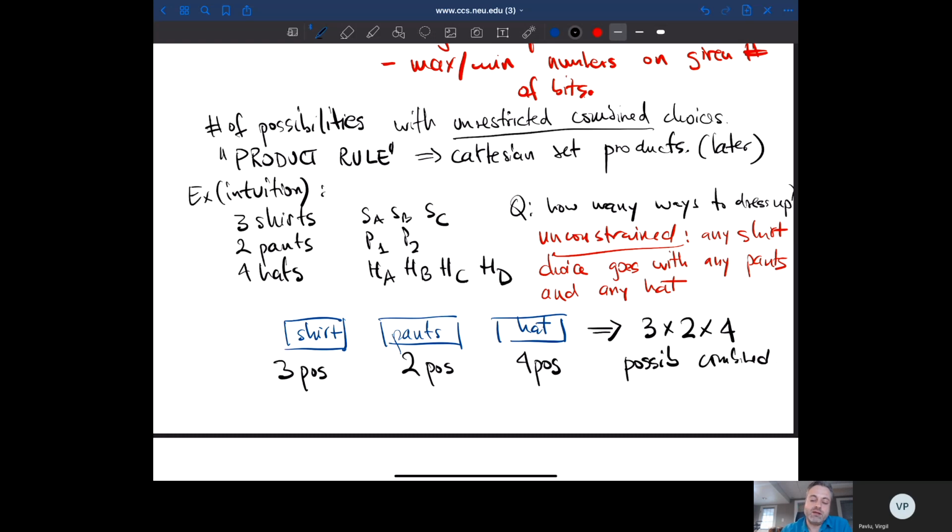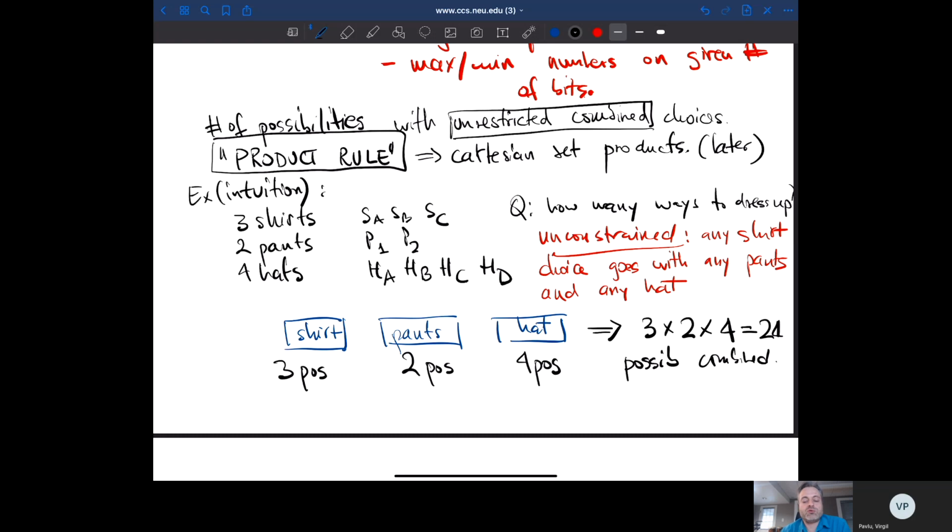Again, this is what we call the product rule. Remember, it's absolutely essential to have no constraints. For example, if shirt A doesn't go with hat A because they're the same color, this won't stand. So we can make this product 3 times 2 times 4, that is 24. And that's how I get it.